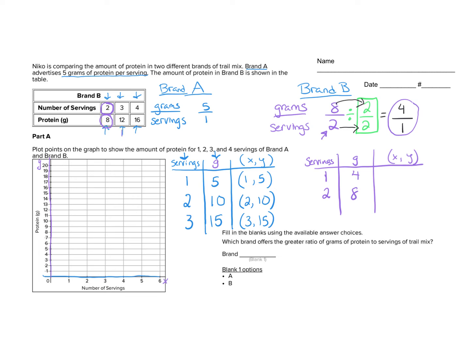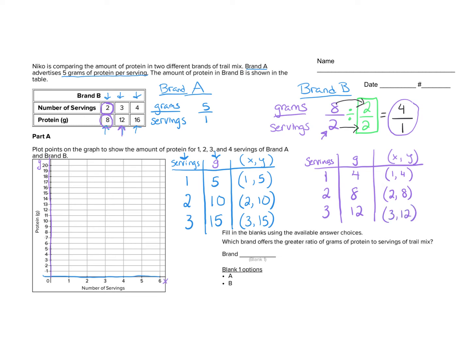And then we can look in the chart and we can see that 3 servings gave us 12 grams. And we could have been able to tell that because if we double the number of servings, obviously we doubled the number of grams of protein. So you didn't have to look back at the chart, but it was kind of handy to have it already done for us. Now I'm going to place these ordered pairs in here.